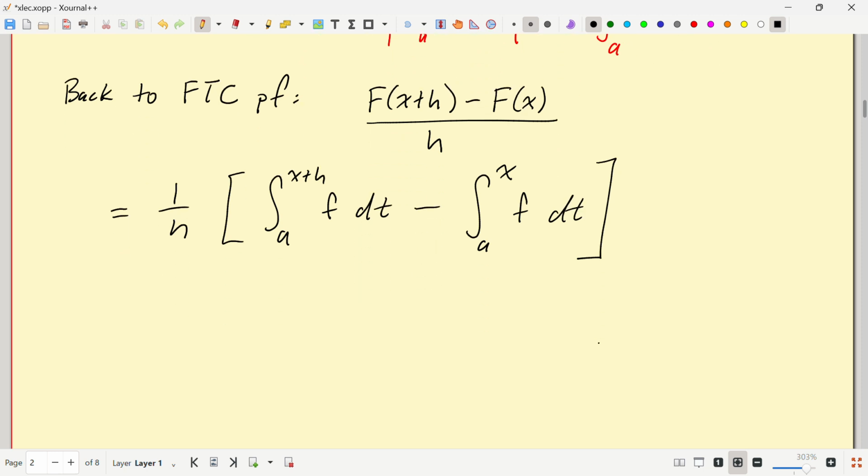And if I draw a picture of that, here's the integral from a to x. That's this area here. That area would be f of x. And then if I take x plus h, I'd go a little bit further.